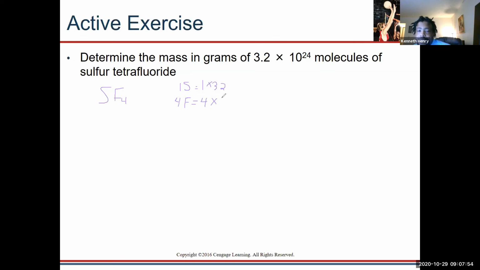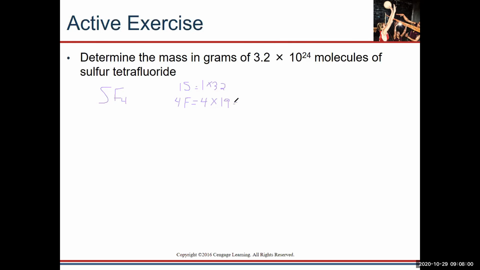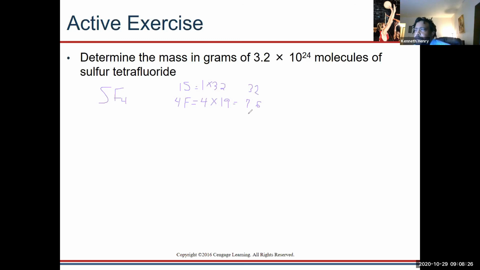And fluorine weighs 19. So 4 times 19, 76, plus 32, 108.